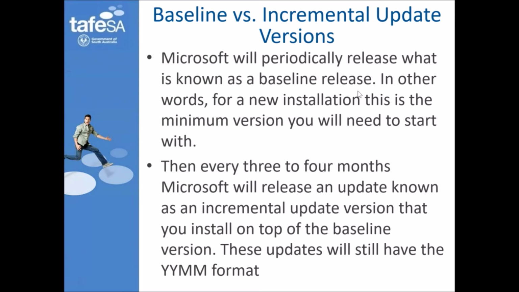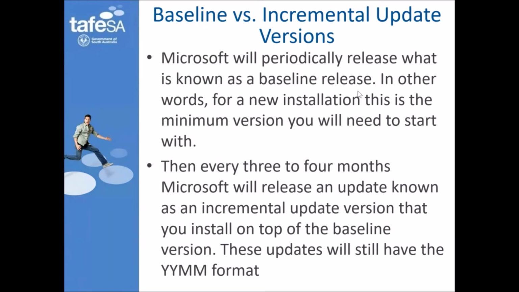So basically, this major baseline release means that all the updates that come afterwards will be based on the fact that you have this major release, because it incorporates all the updates from previous ones, and we don't have to worry about updating anything like that, as well as a lot of feature improvements.